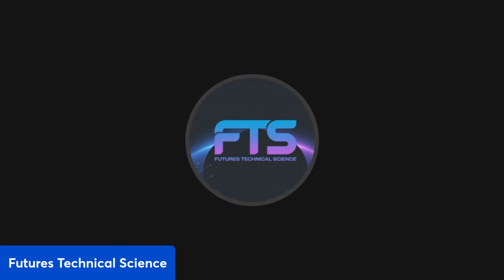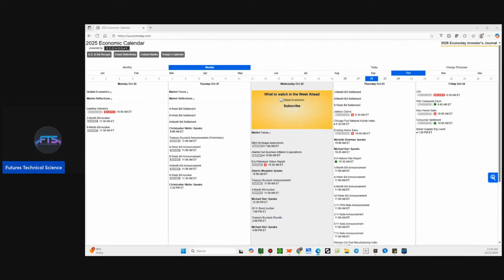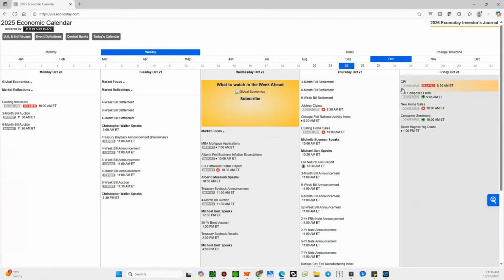It's kind of hard to find things when you have so many screens open. All right, let me see if I can share my screen back. Can you see it now? Yes. Okay. So this is for this week. We have a CPI that was supposed to come on Friday, but obviously it will be delayed.